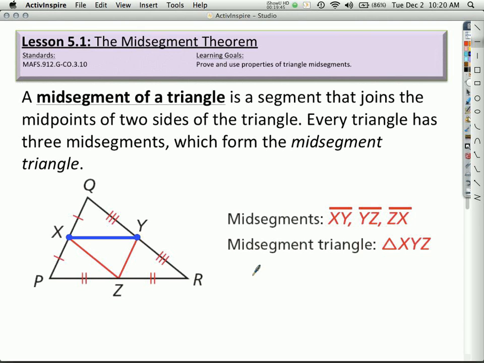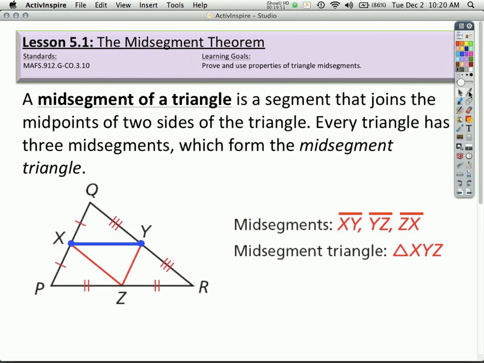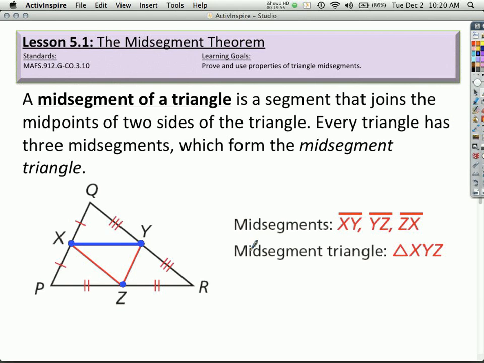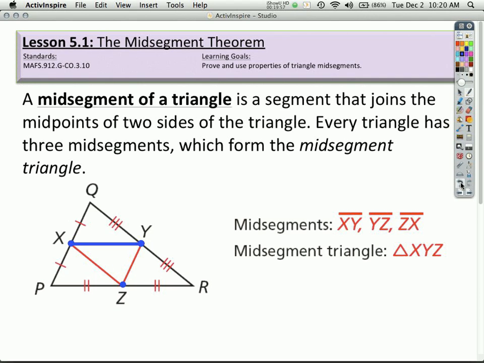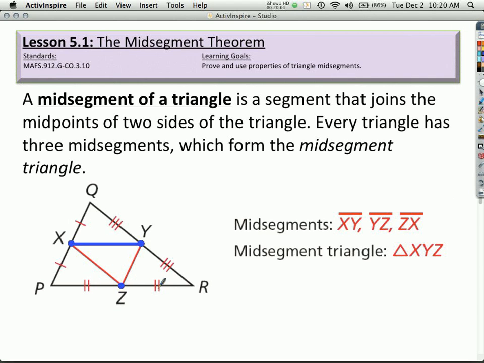But we can also do the same thing using the other sides of the triangle. We could come over to point Z. That's the midpoint of PR, and we can see it with the double tick mark. If we connect these 2 points, that forms a midsegment as well.